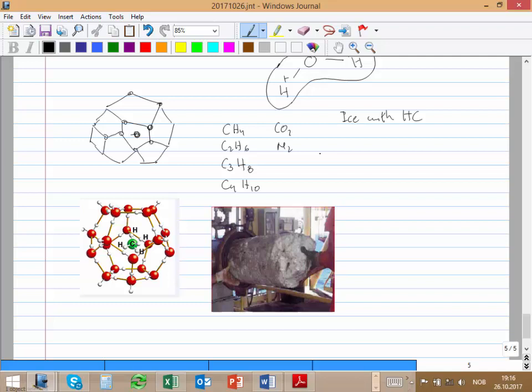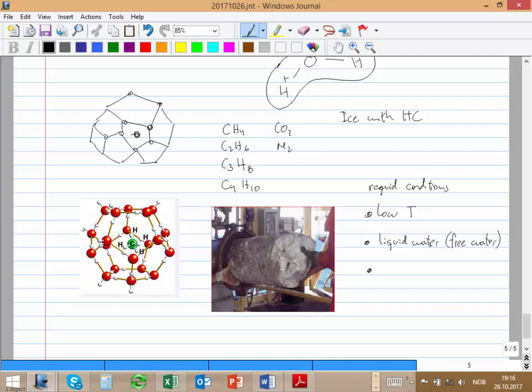So we have the required conditions to form hydrates. One is low temperature. Two is free water. You have to have water in liquid phase. You cannot have water evaporated. You have to have liquid water, or what we call free water.